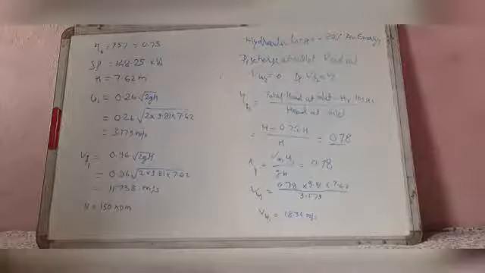So the value of VW1 comes 18.34 meter per second.